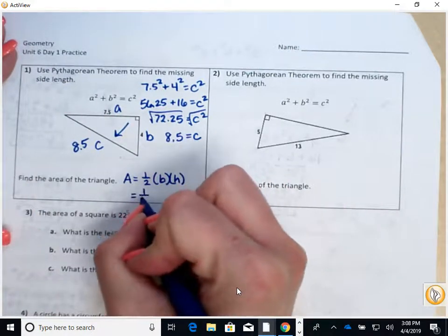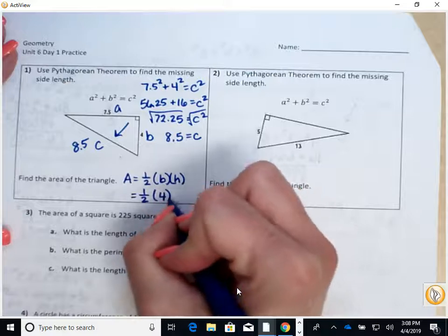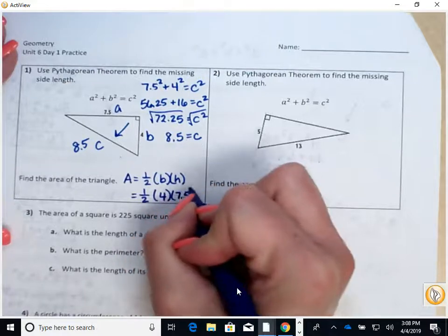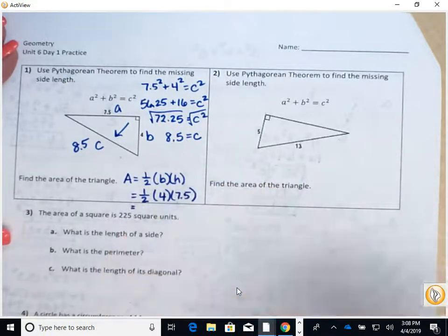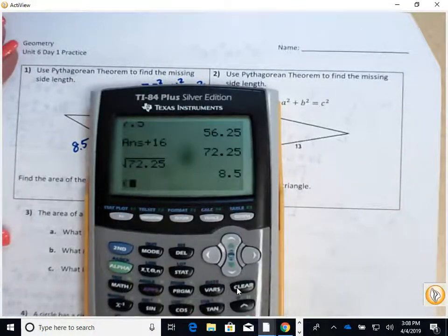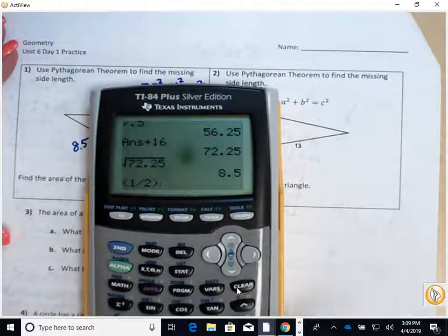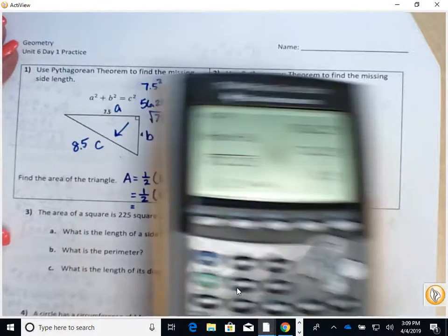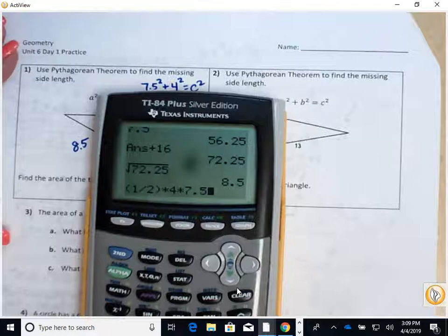So 1/2 times 4 times 7.5. So if you can put 1/2 in parentheses, 1 divided by 2 inside the parentheses, and then take that times 4 and times 7.5. Or if you thought of 1/2 as just being 0.5, you could have just did 0.5 times 4 times 7.5, either way.